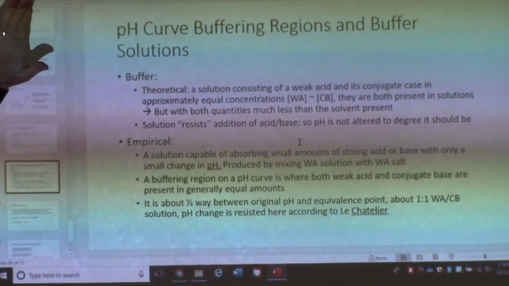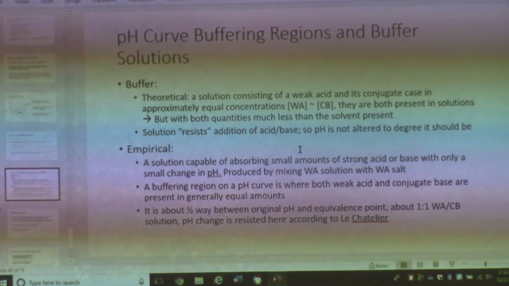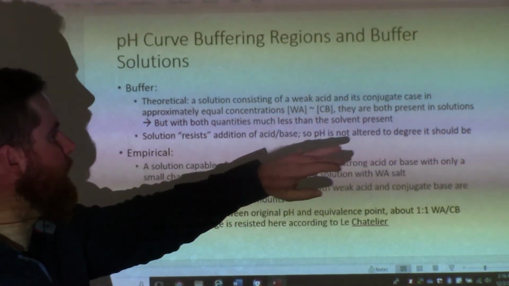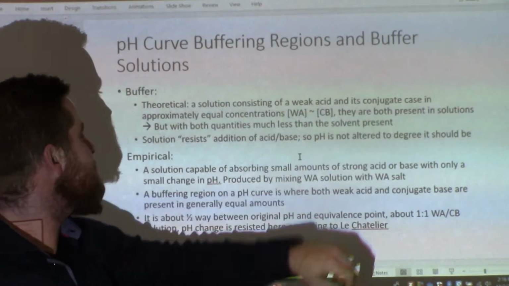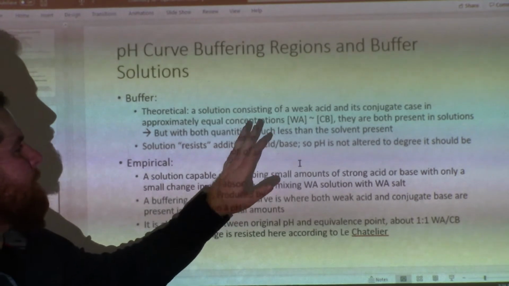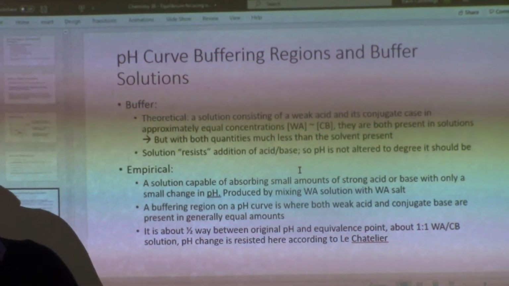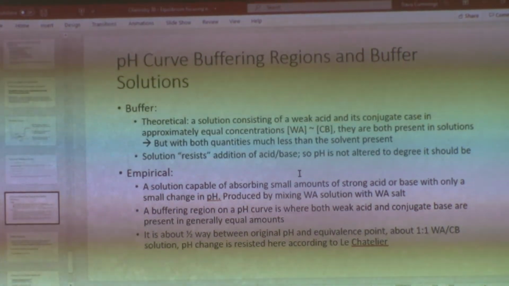From a theoretical perspective, a buffer is a solution consisting of a weak acid and its conjugate base, in approximately equal concentration. As a result, you have a weak acid, weak base conjugate relationship, and they make an equilibrium system. They are present in solution.